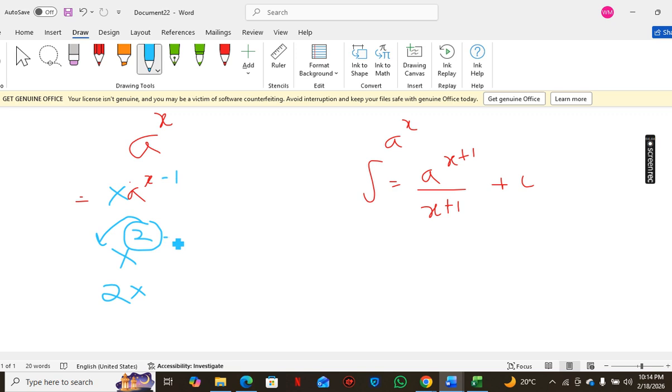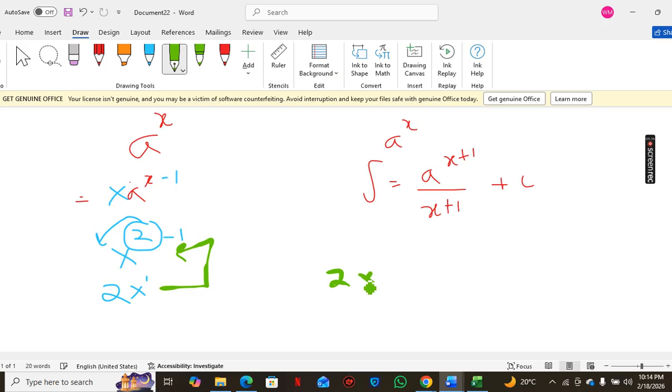Then you subtract 1 from the exponent, and you get 2x to the power 1. Now we can integrate this 2x to the power 1 to come back to x squared.